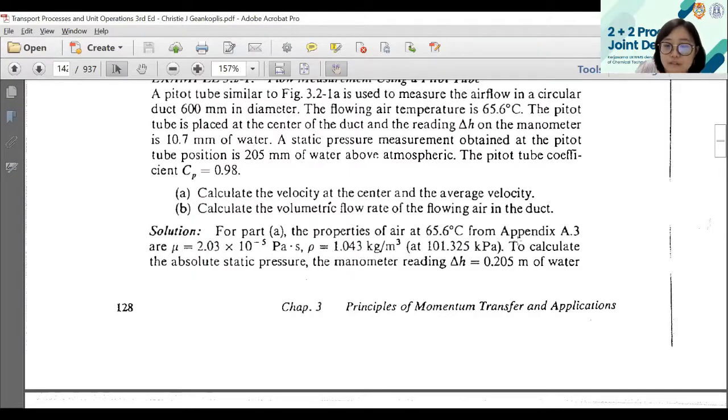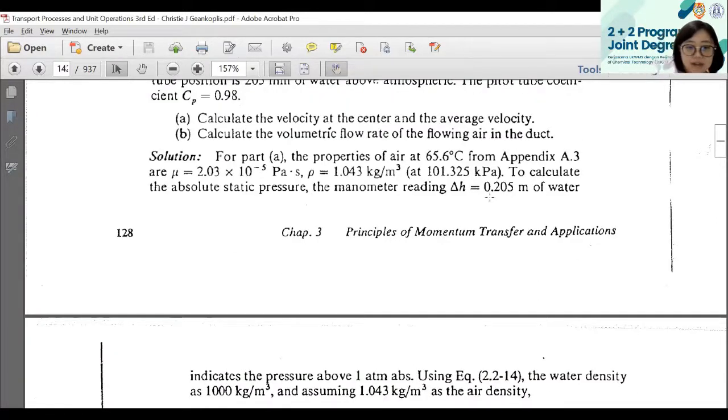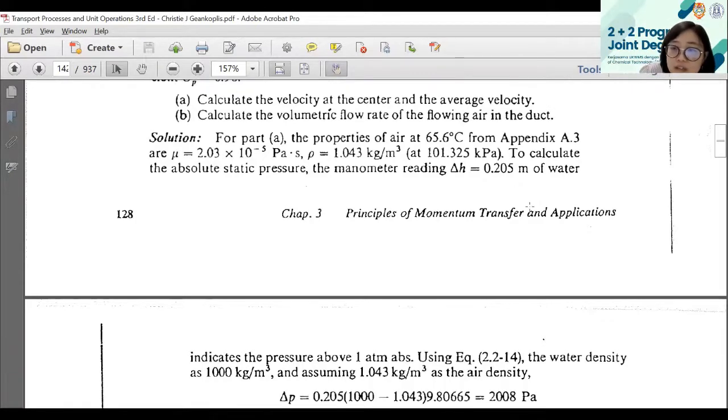Therefore, to calculate the absolute static pressure, I have to find the delta P, to get the actual pressure in the system, not because of the flowing air, but in the system itself.